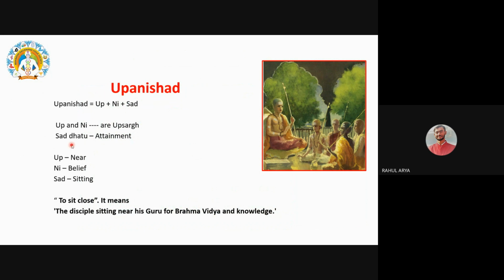Sad is the dhatu. Movement is one of its many meanings, but most sages favor attainment as the meaning. Another way to understand the meaning of Upanishad word by word: Up generally means near.